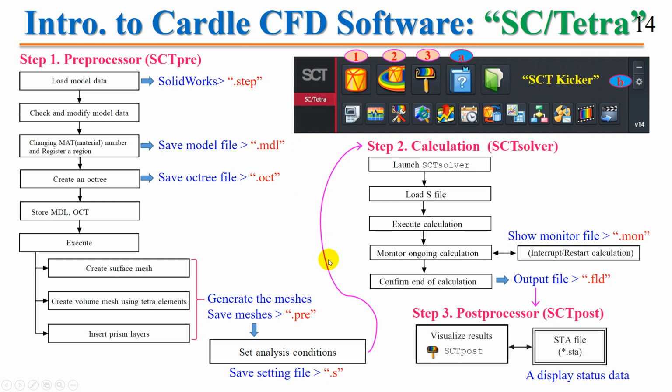Okay, this is the first one, generate geometry. The second one is for generate the mesh, and the third one is for set up the condition of your calculation. For example, set up the property of fluid domain, set up the boundary condition, and so on, with the equation you want to solve in your calculation, right? You can set up in this step of setup analysis condition, okay.